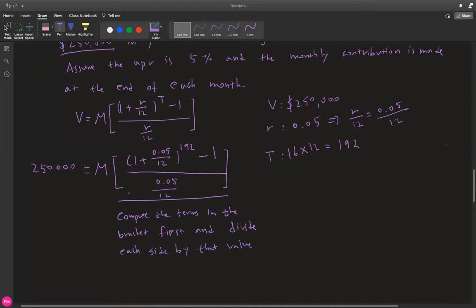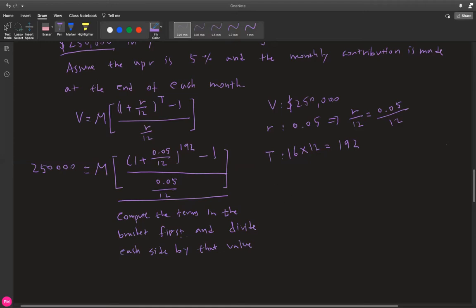So simply you are plugging whatever's in the bracket into a calculator, and you'll get some number, but whatever that number is, you take that number and you're simply dividing on each side.